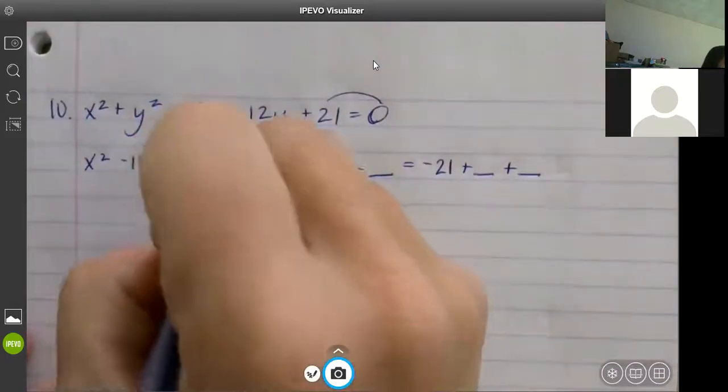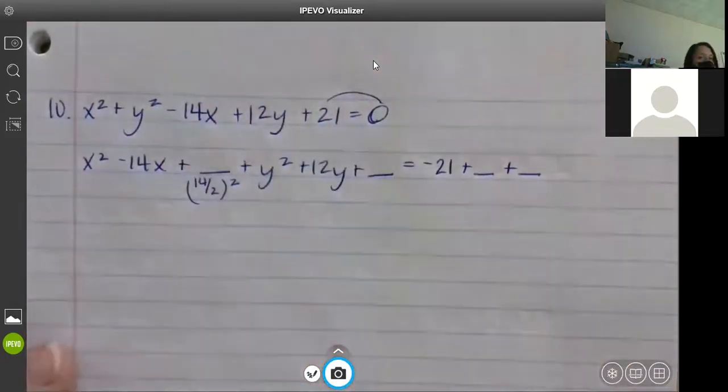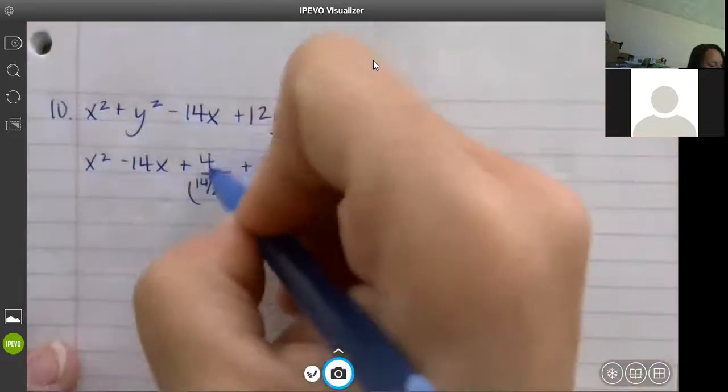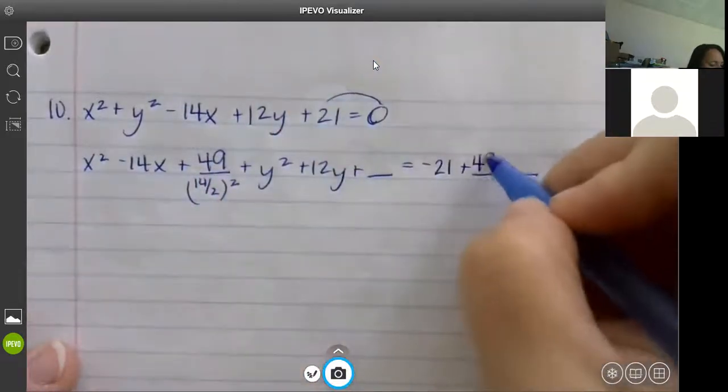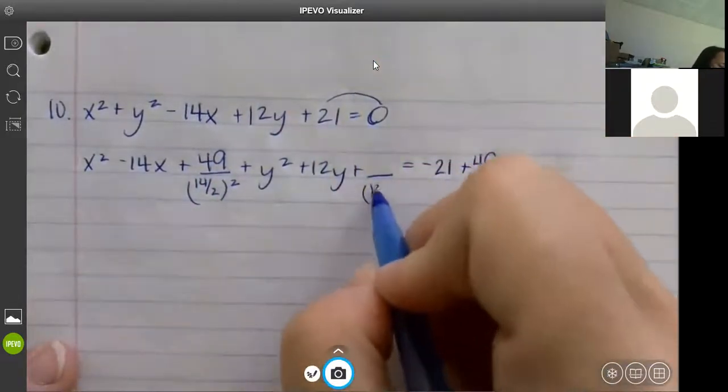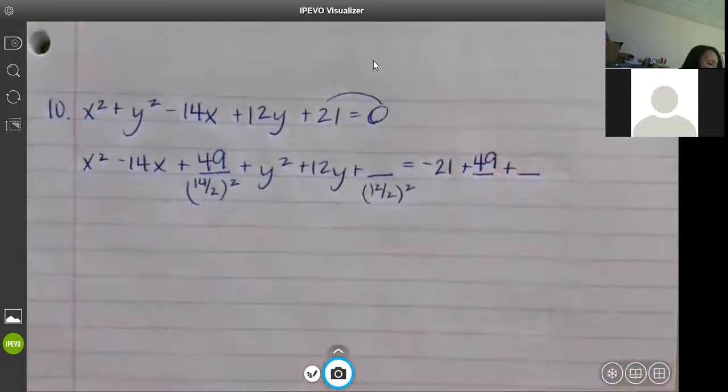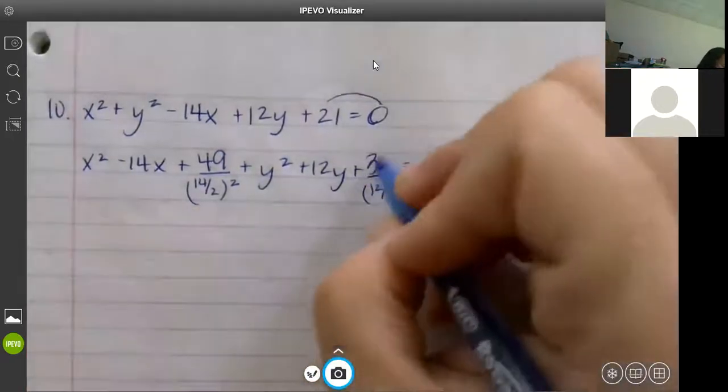So we do 14 divided by 2 squared. What do we get? 49. You can just put in 49 and it'll be okay. This one we do 12 divided by 2 squared. 36.